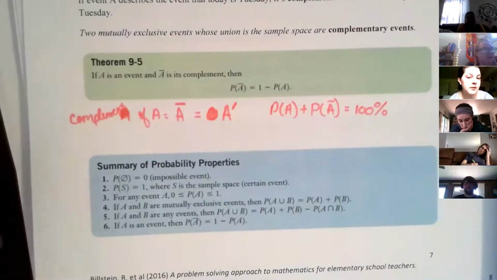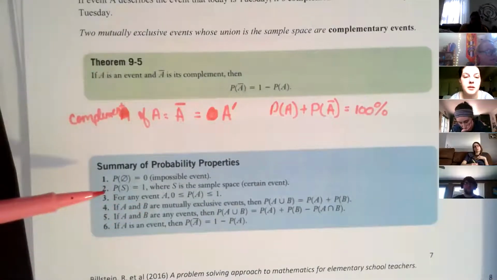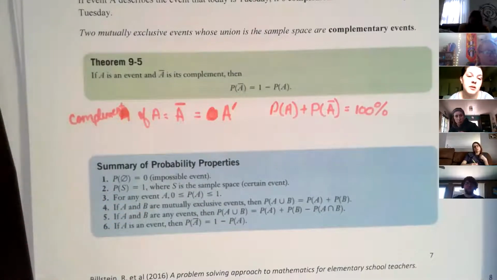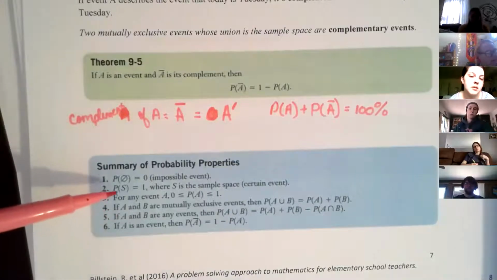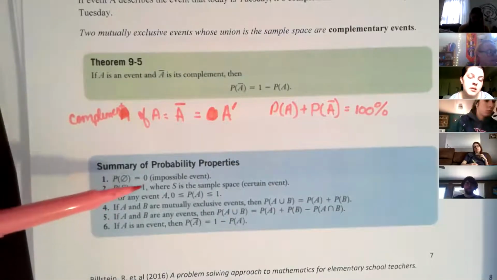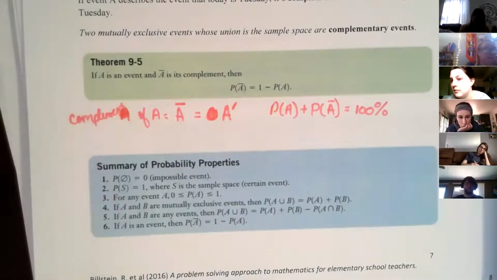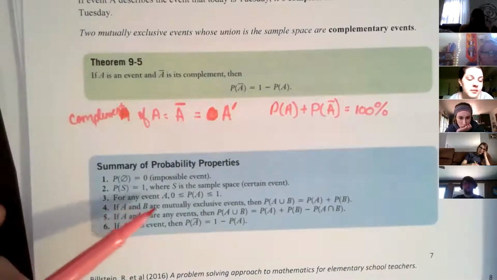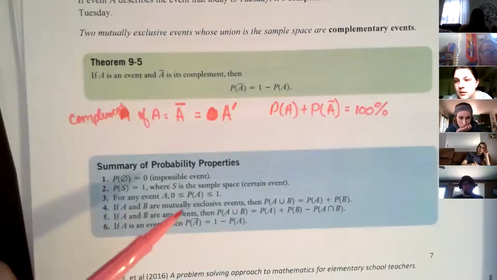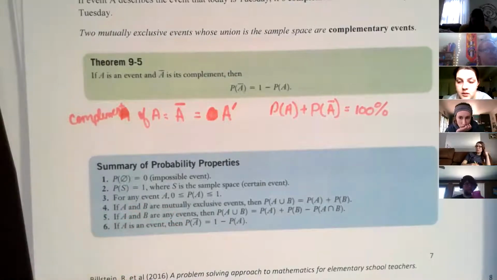And here are some common properties that would be useful in keeping close by. The probability of the empty set is 0, which means that it can't happen. The probability of the entire sample space is 1, which means that it has to happen all the time, every time. For any event A, its probability is always between 0 and 1, cannot be less than 0, cannot be greater than 1.